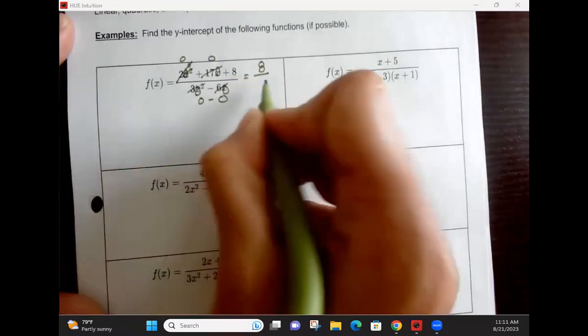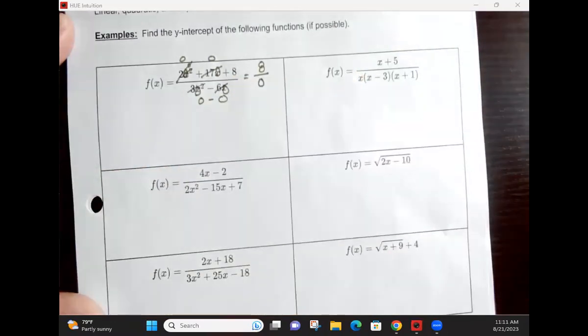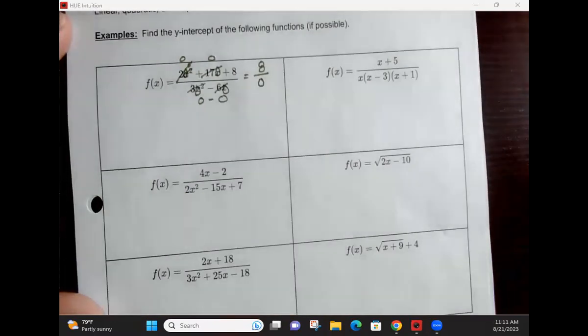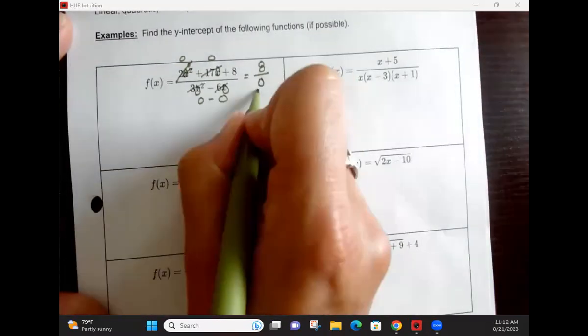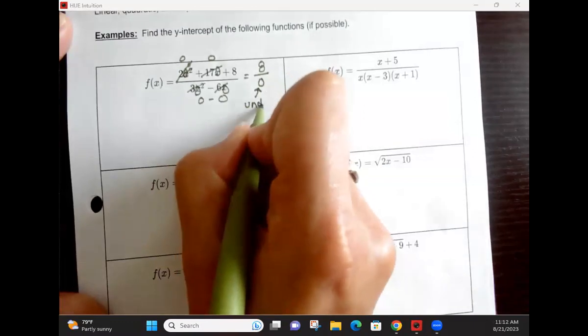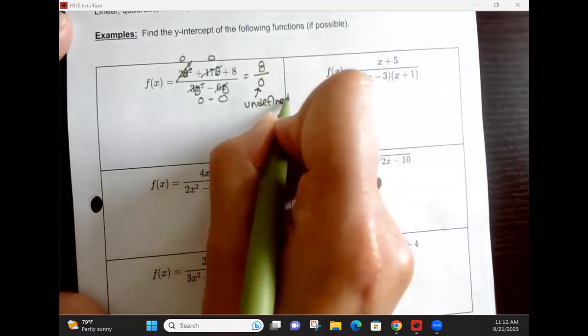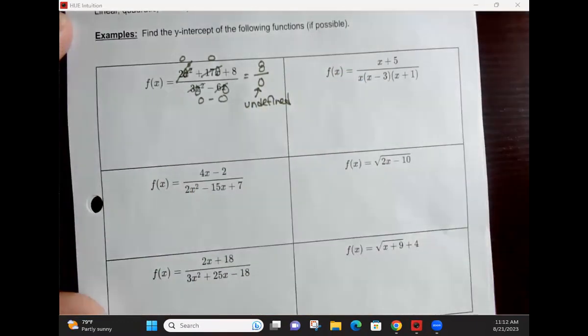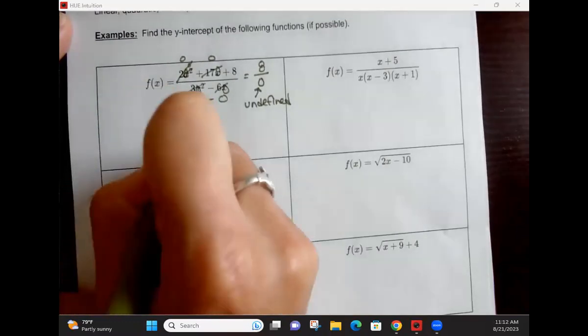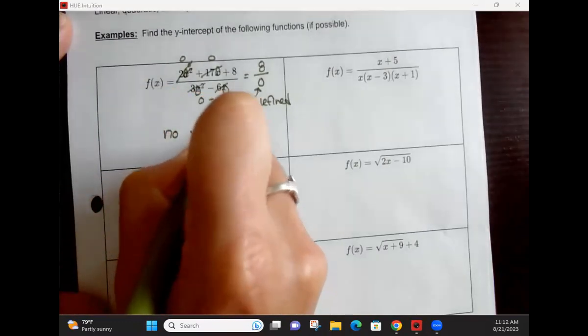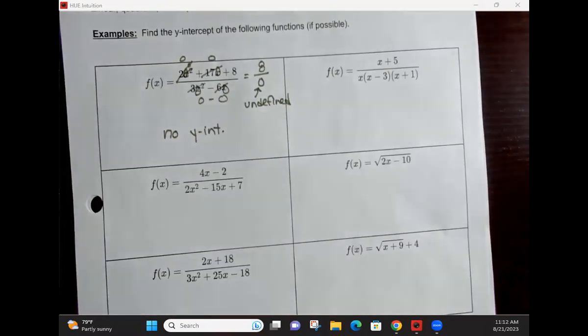Minus 0 is 0. So I have 0 on the bottom. That's undefined. Since I have something that is undefined, we say we have no y-intercept here. If you are plugging in 0 for your variable and you get something undefined, that means you do not have a y-intercept.